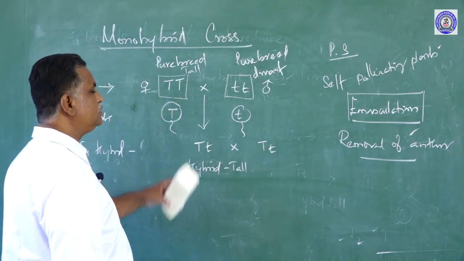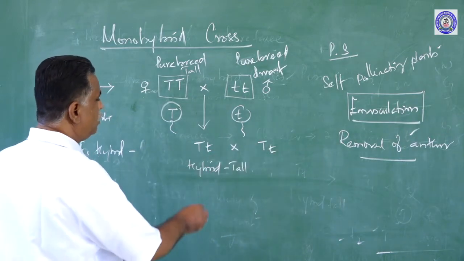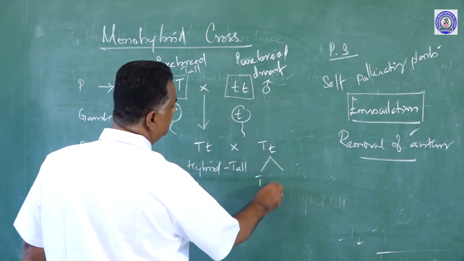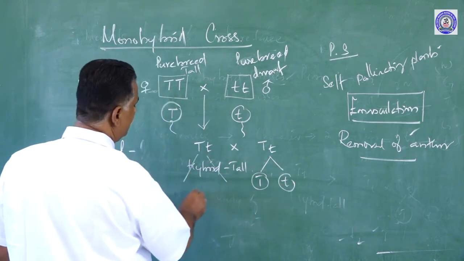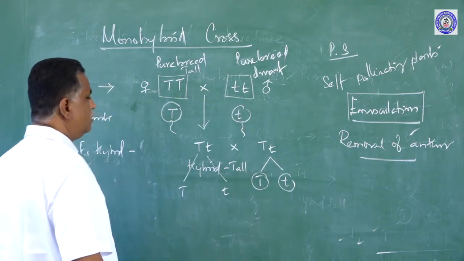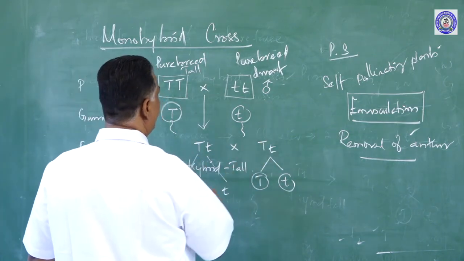If you allow it without disturbing, it will self-pollinate. What will happen? It will produce two types of gametes like this, capital T, small t, and here capital T, small t. Before going into detail of this, there is some more thing.